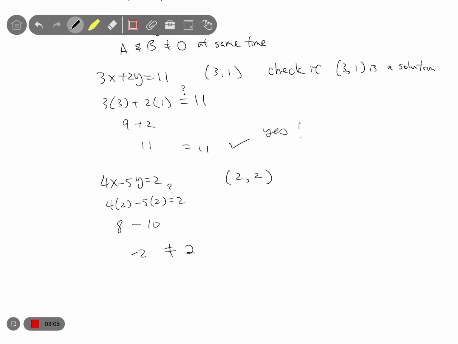So negative 2 is not equal to 2. The answer is no, (2, 2) is not a solution, because when you plug it in, it doesn't work. Again, this is something we did with one-variable equations. We just want to double check to see if things work, so we plug it in, evaluate, and see if it works or not.